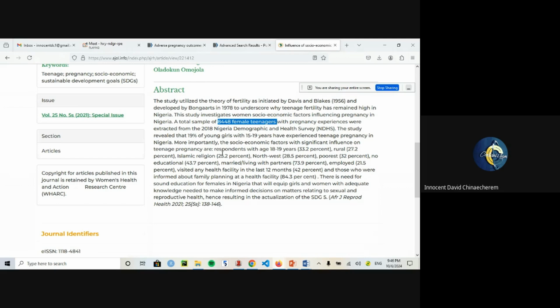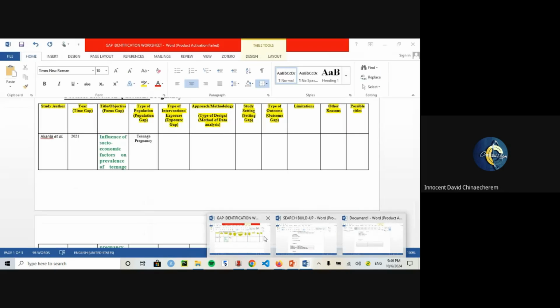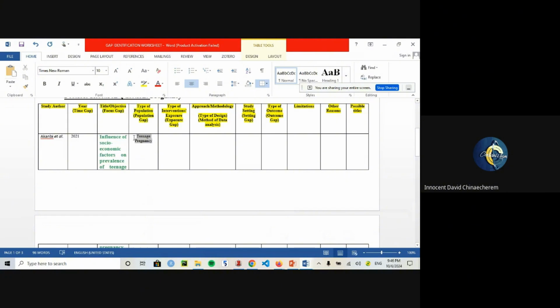Now, if you look at this study, you will realize that some of these teenagers were not from NDHS. So it was a large sample size, but it was cross-sectional. Right? There are already gaps that we can see.